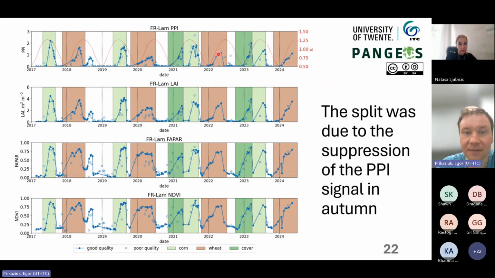But the main signals, PPI and LAI, they start going up only in spring. So that gave us an idea that if we use this, we will never be able to mark the start of season here when it really starts, because there's no signal. The signal appears only in the greening indices.